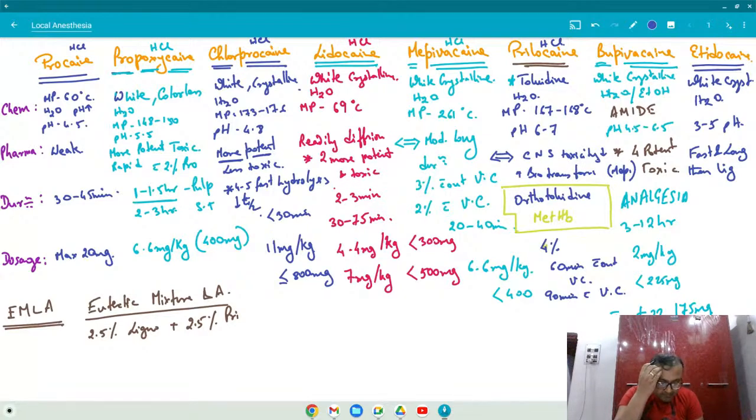And remember that it is 4 times better action than lido, and the duration of action is also twice, and it is 4 times more potent. So as you understand, this is good.